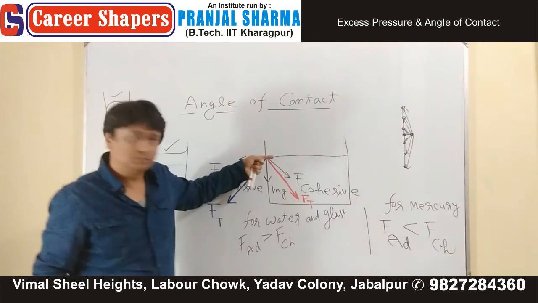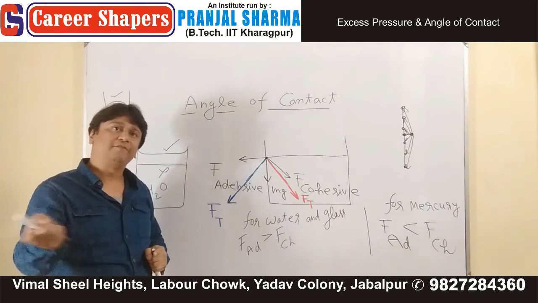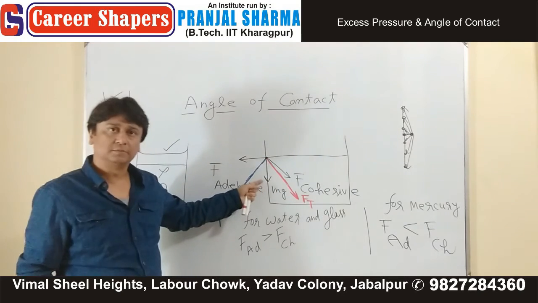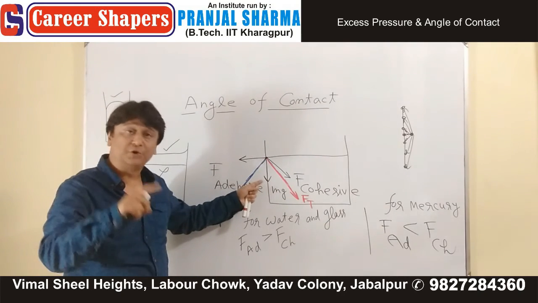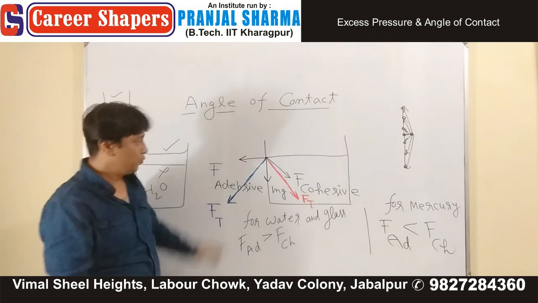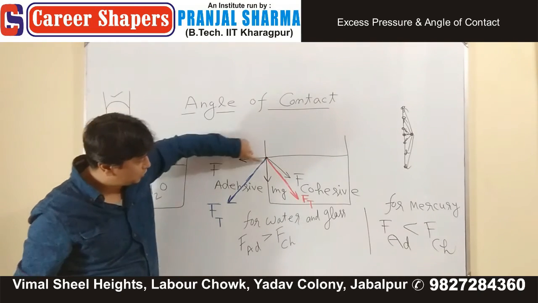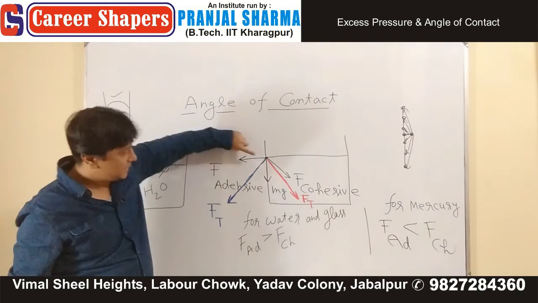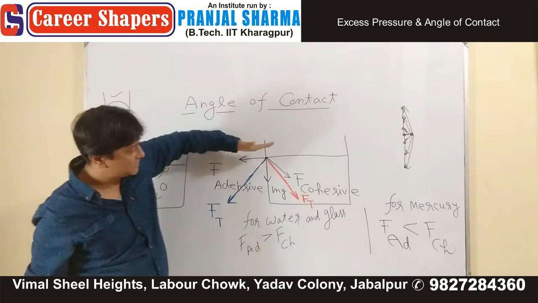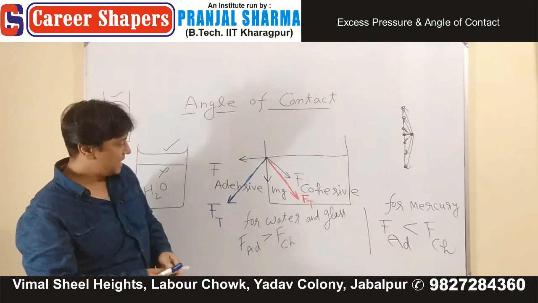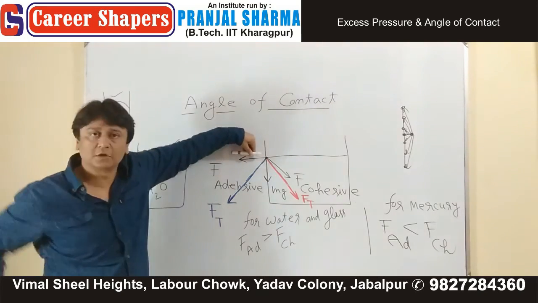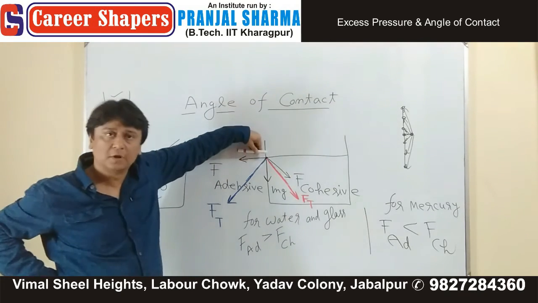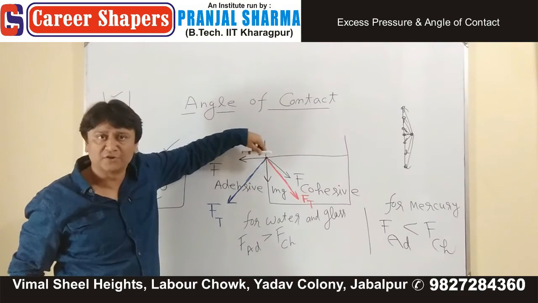The top surface should deform under these forces and should take that shape which is perpendicular to the resultant force. Because if the surface is still like this, then this force has one horizontal component, and the horizontal component is the tangential force, and liquids cannot withstand these tangential forces.